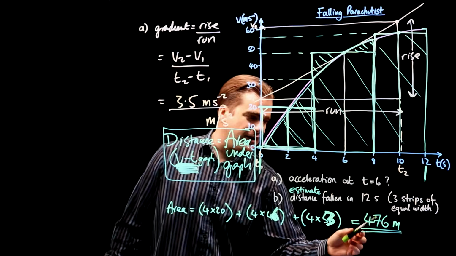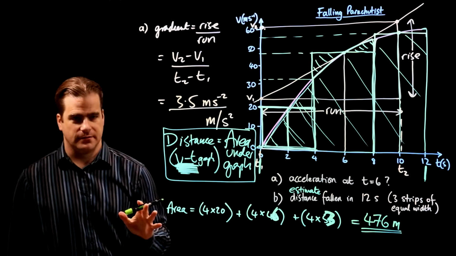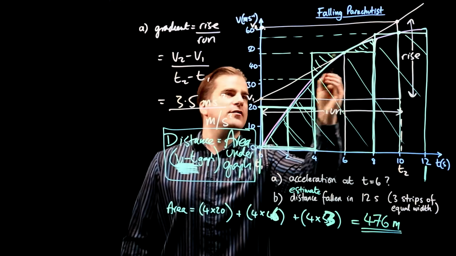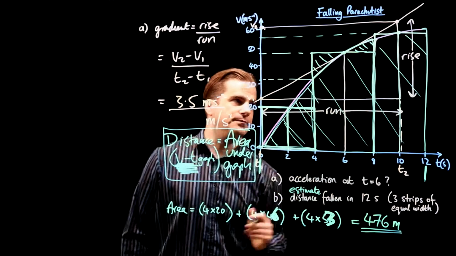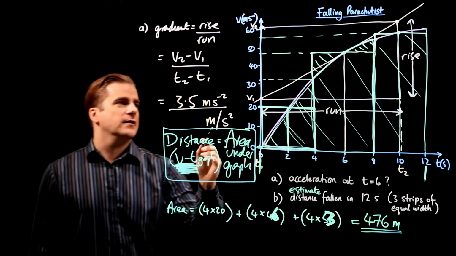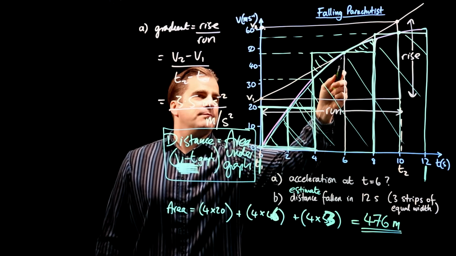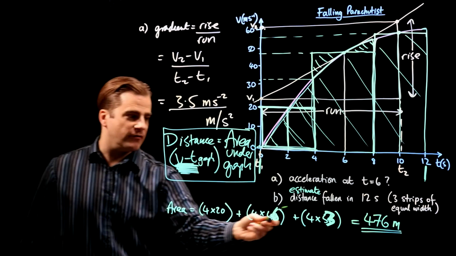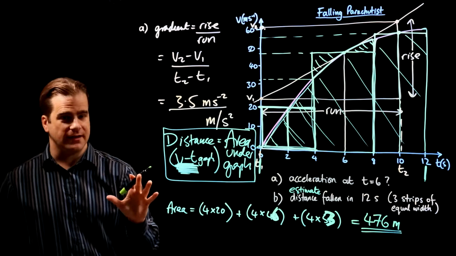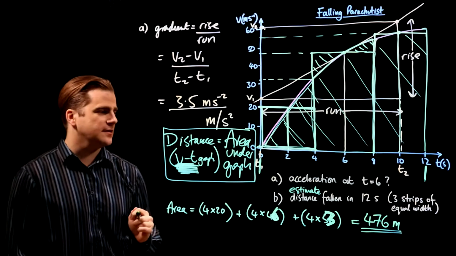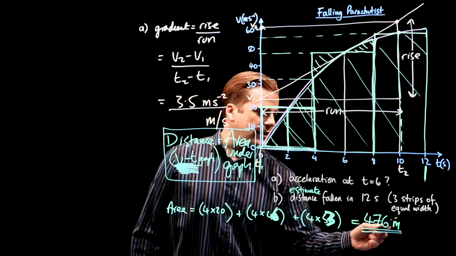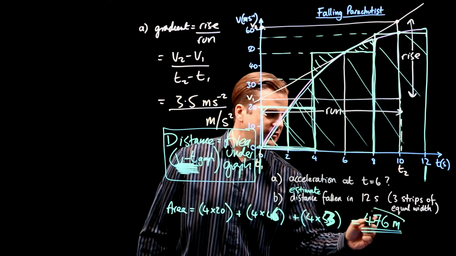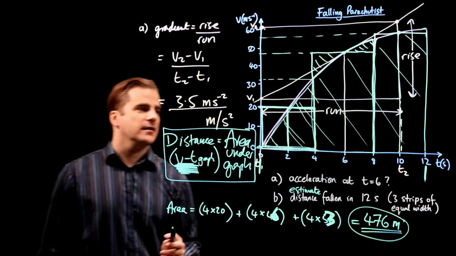You don't have to get exactly 476, some number around that value. You might read off a slightly different value on the y-axis when you go across. I think these are the correct values, but it's okay if you get a slightly different value looking at your question sheet. It's the technique that counts. You should get a number somewhere in that region.